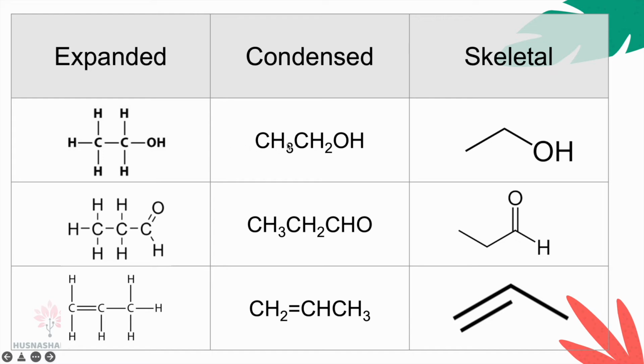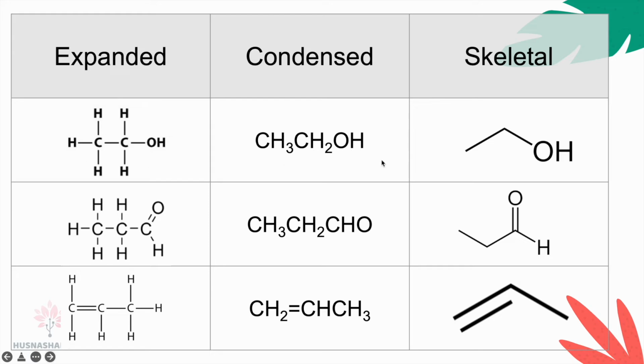So in condensed structure, it doesn't show the C single bond C or C single bond H. So in condensed structure, just CH3. Okay, we start from the left, CH3, and then CH2, and then OH. So this is condensed structure. And then skeletal structure starts from the left.